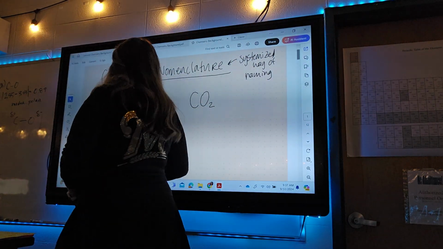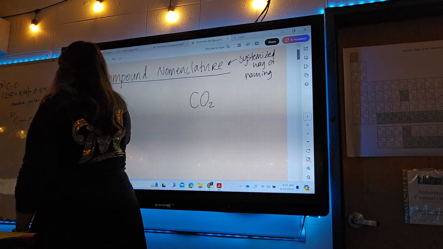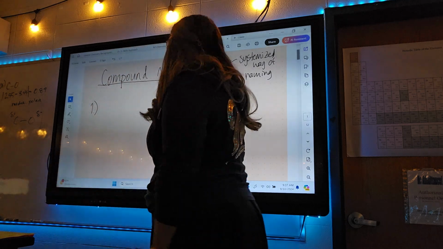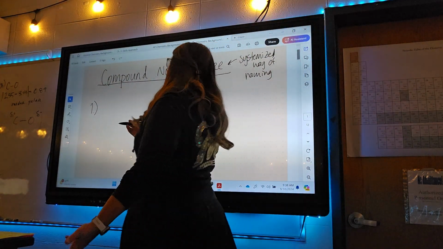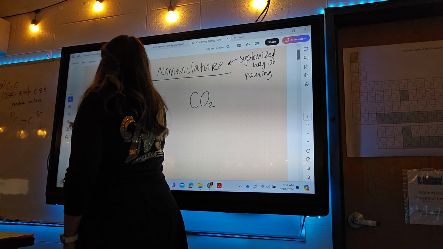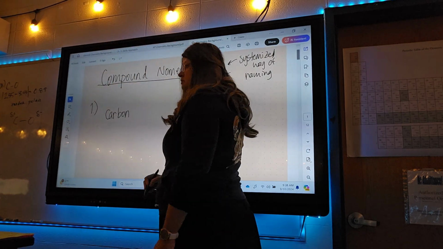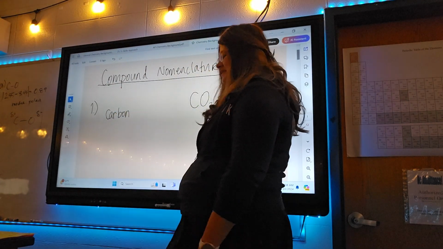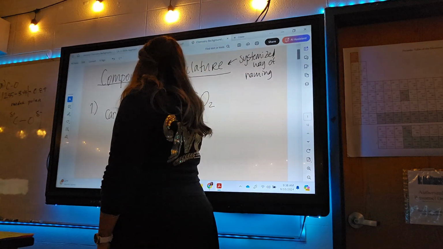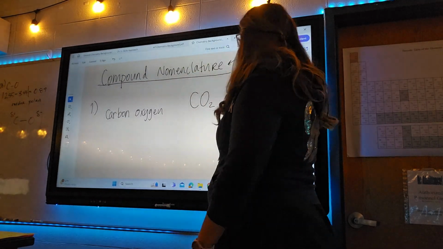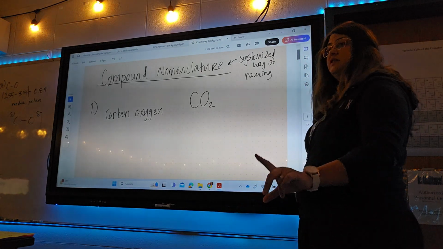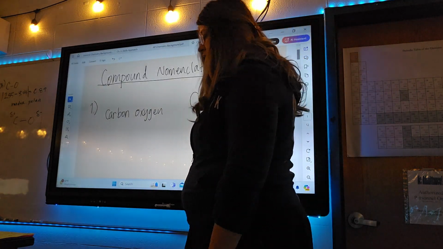Okay, so the first step says to write the elements as they appear. So that means I've got C, which is element carbon. And what is O? O is oxygen. My bad. That's step 1 of the naming rule.